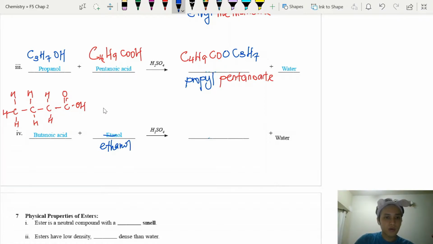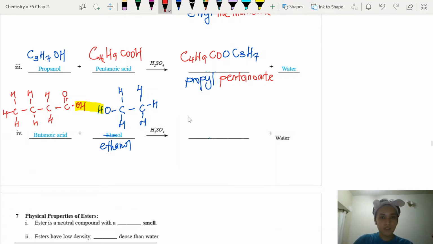A 2 carbon alcohol. Normally we like to put this one here so it's easier to see. Remove these two, combine straight away. So 4 carbons, 1, 2, 3, 4, double bond O.